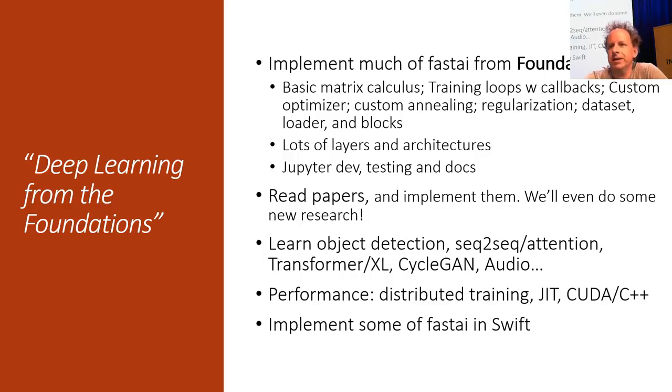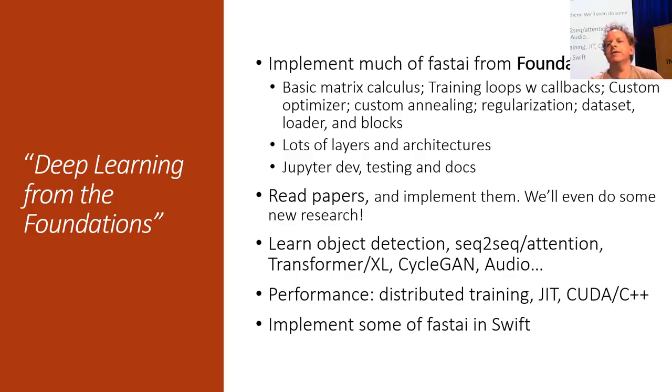We'll also be going deeper into solving some applications that are not fully baked into the fastai library yet, so going to require a lot of custom work. So things like object detection, sequence to sequence with attention, transformer and the transformer XL, cycle GAN, audio, stuff like that.